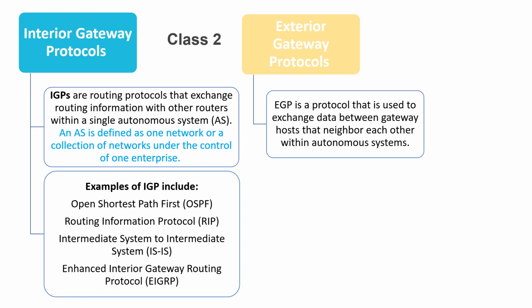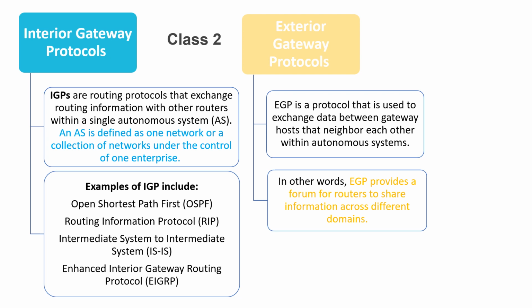And the exterior gateway protocol is used to exchange data between gateway hosts that neighbor each other within autonomous systems. In other words, we can say this EGP provides a forum for routers to share information across different domains.